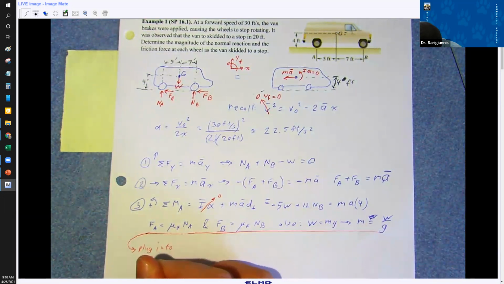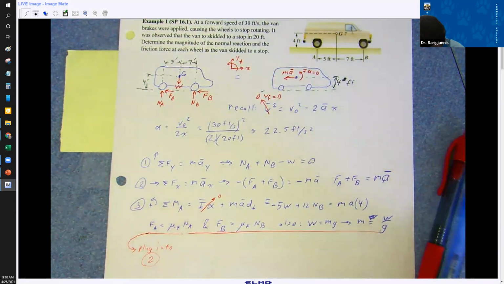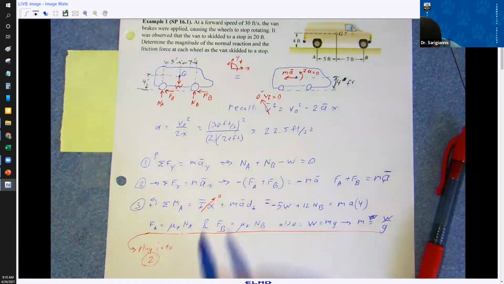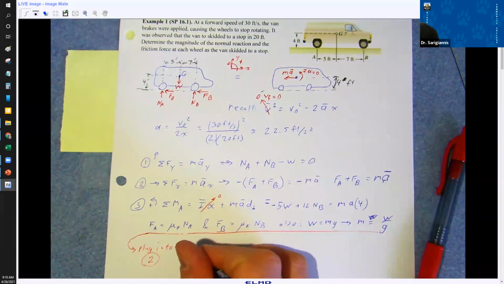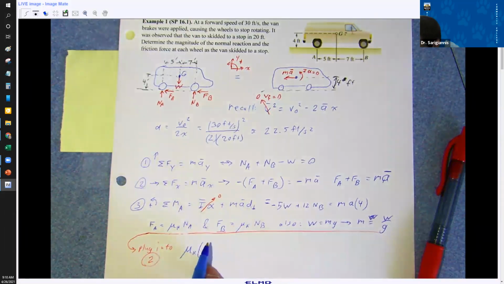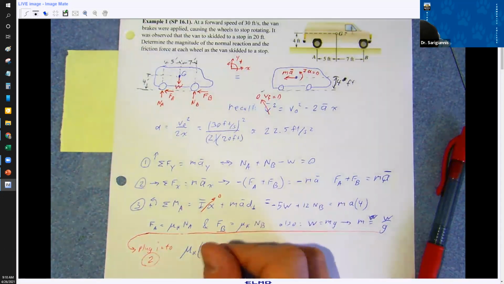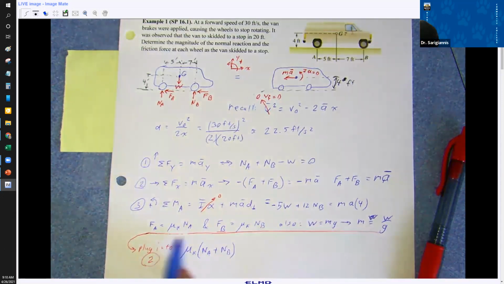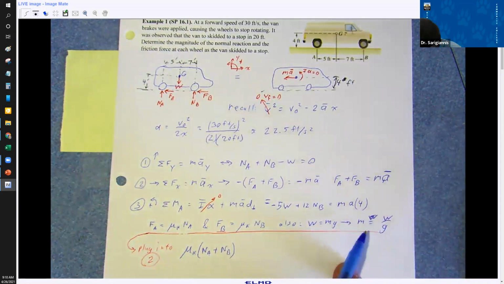I'm going to plug this into 2. All right, so now we can write, I'm going to factor out the mu K. And I'm going to have NA plus NB. These. And then mass times acceleration.